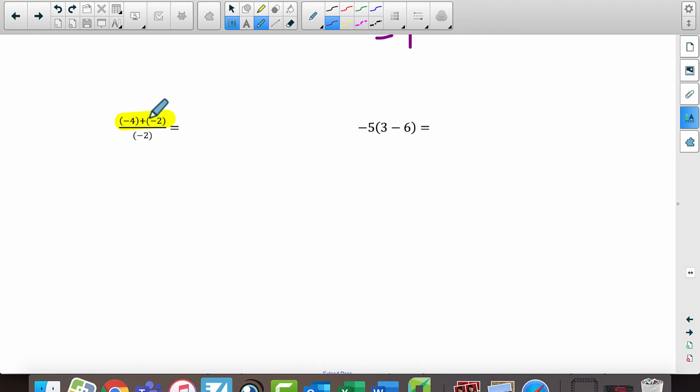You only have negatives, so negative. 4 and 2 is 6. And we're dividing that by negative 2. A negative divided by negative is a positive. 2 negatives make a positive only when you multiply and divide, not when you add and subtract. 6 divided by 2 is 3.